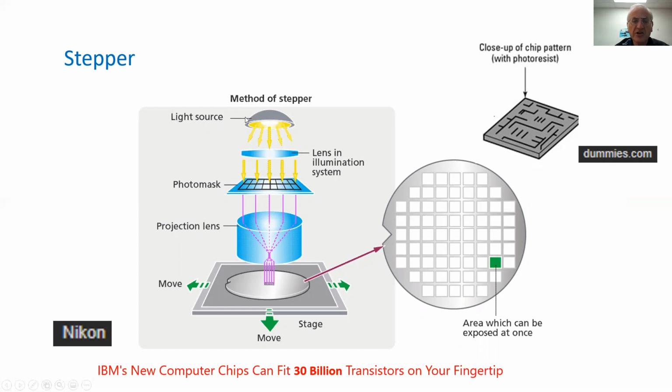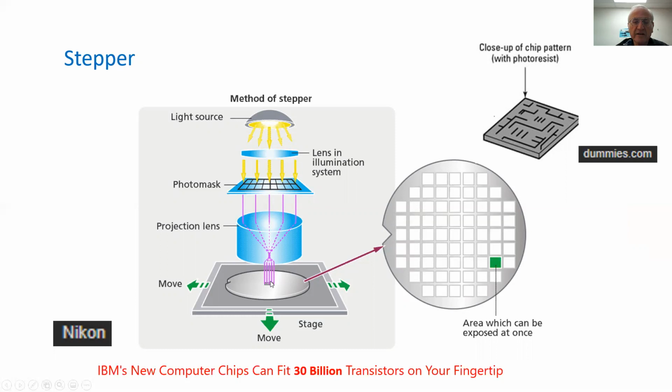There is a light source that is focused through a lens. The lens shines through a photomask. The photomask has the pattern of the circuit on the chip, and the light is then focused on the wafer.